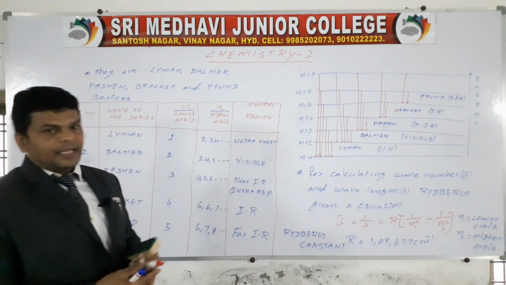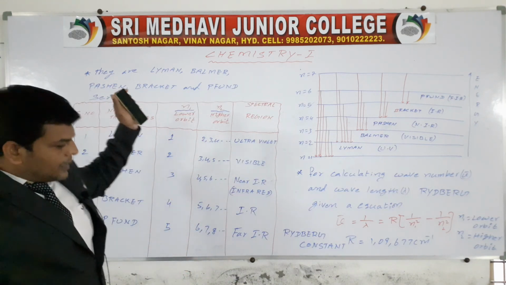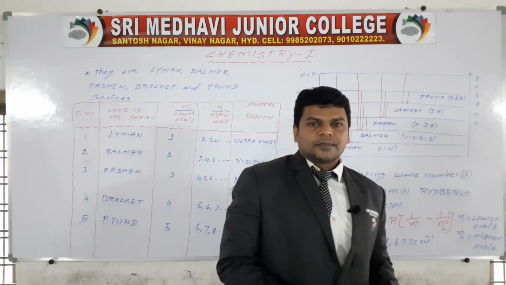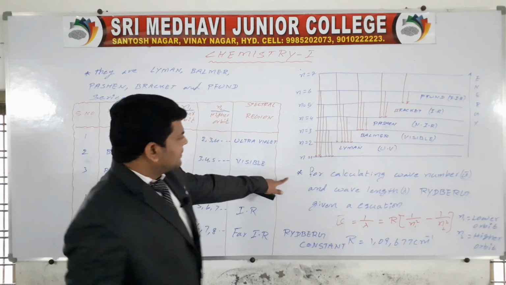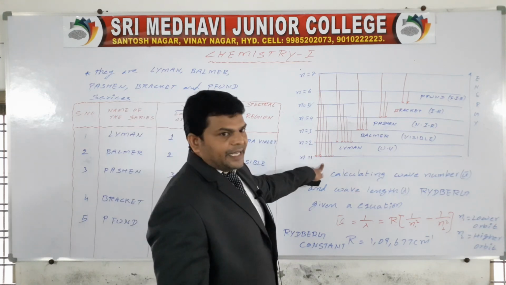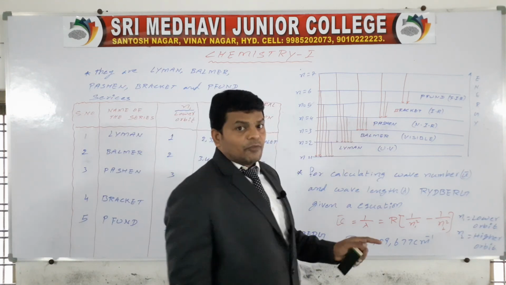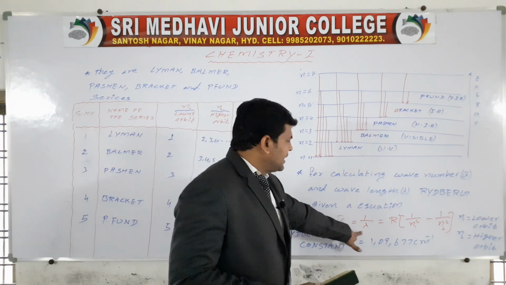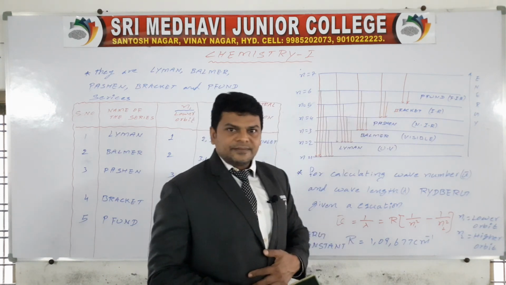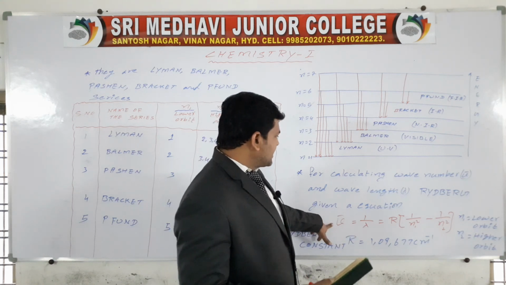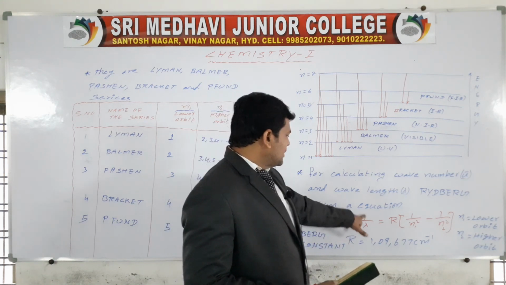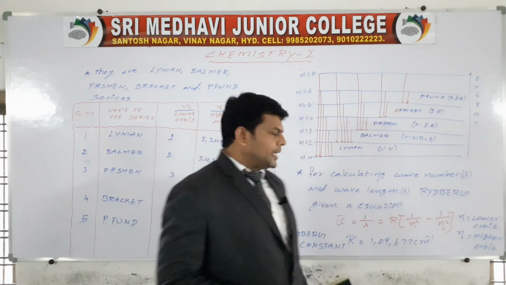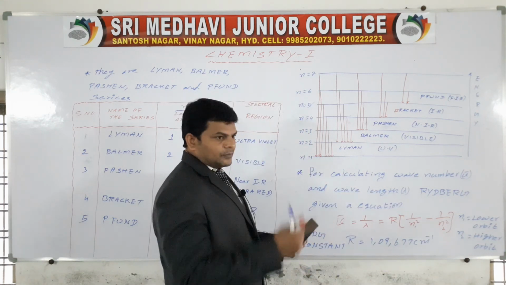This is briefly Bohr's postulates explanation of hydrogen spectrum. We may calculate the wave number and wavelength for each series. So the equation is nu bar equal to 1 by lambda, equal to R into 1 by n1 square minus 1 by n2 square.